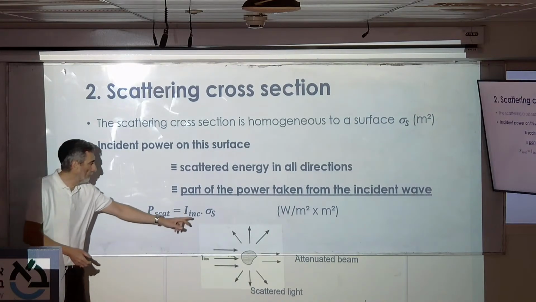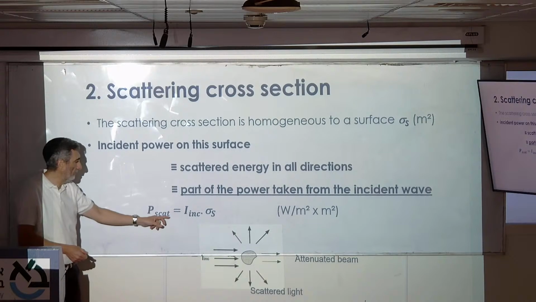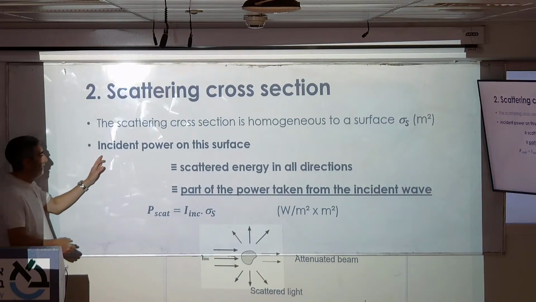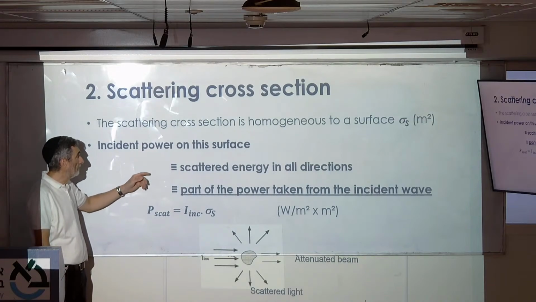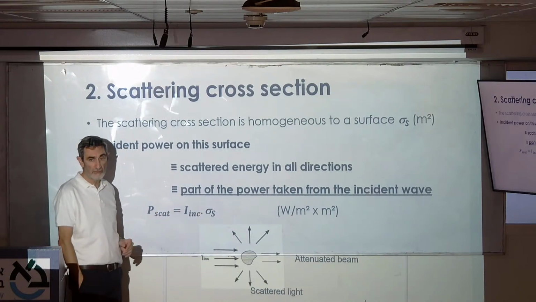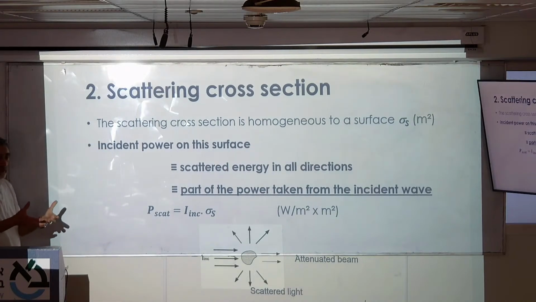The scattering cross-section is the ratio of the scattered power over the incident intensity. So the incident power or intensity on the surface sigma s is exactly equal to the scattered energy in all directions. You look for the surface that will block geometrically the same amount of energy that is scattered in all directions by the scatterer.